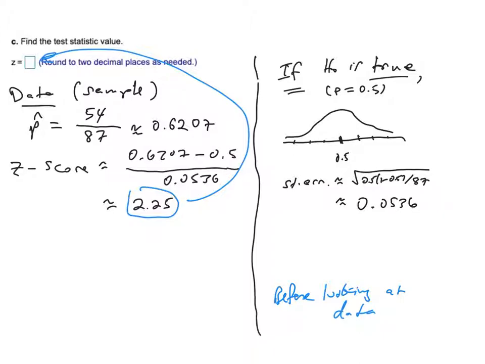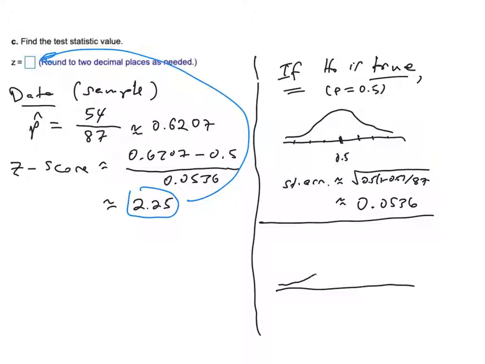So if I erase this, so if I redraw this standard normal distribution curve, I really have a hard time with the symmetry, don't I? But I write it in terms of z-score. Z-score would be 0, 1, 2, 3, 0, 1, 2, 3. So 2.25 is right there.